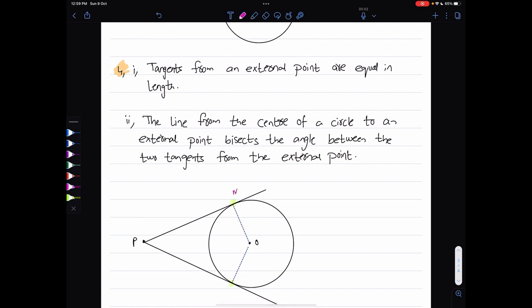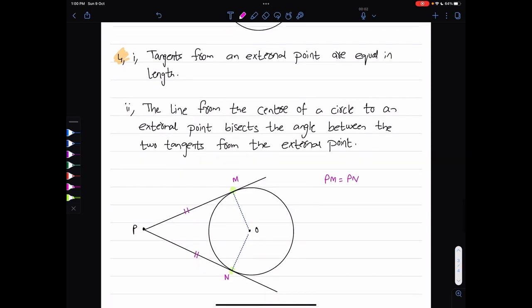Let me call this point M and this point N. The property says that if you draw tangents from an external point to a circle, those tangents are going to be equal in length. So over here PM is going to be equal to PN, because they are tangents from the same external point.